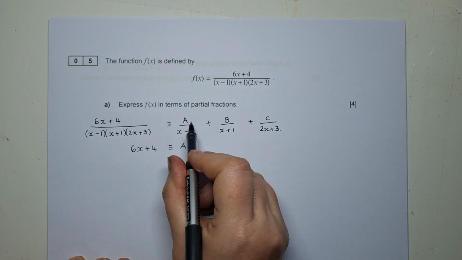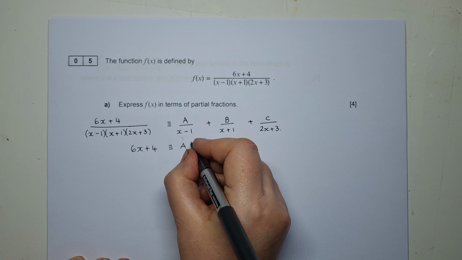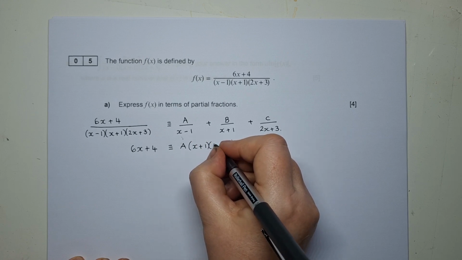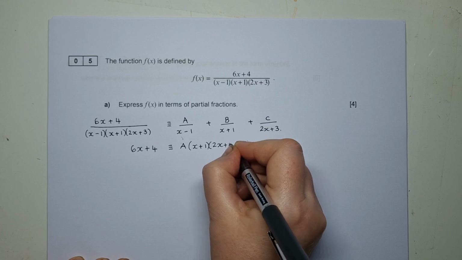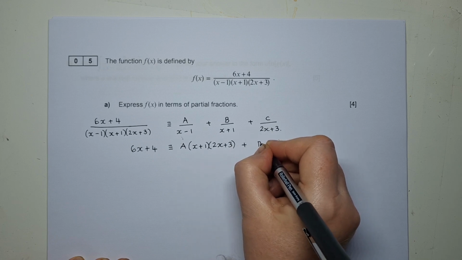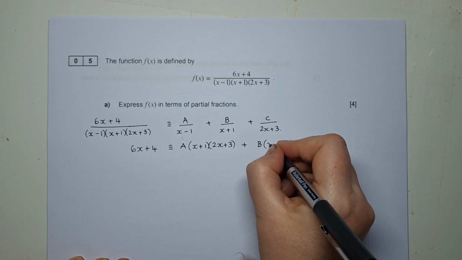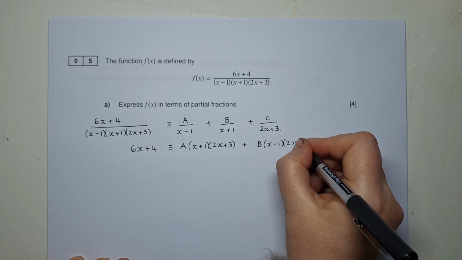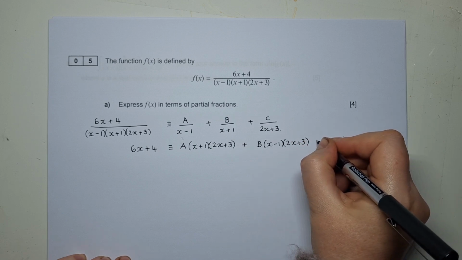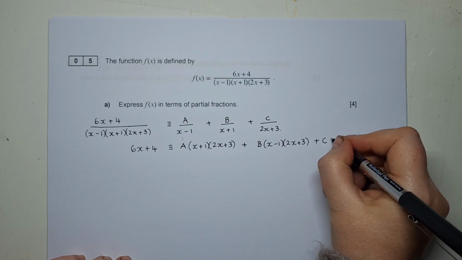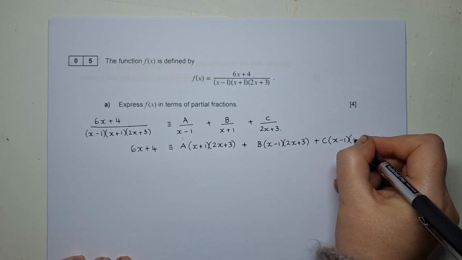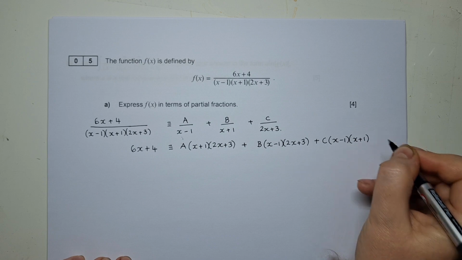So if we take the 3 brackets and multiply them, the x minus 1 disappears as it cancels out, and you'll end up with a multiplied by x plus 1 and 2x plus 3. The next term, the x plus 1 bracket cancels out, and you'll have the x minus 1 bracket and the 2x plus 3 bracket. And the final term, you'll have the x minus 1 and the x plus 1 left.